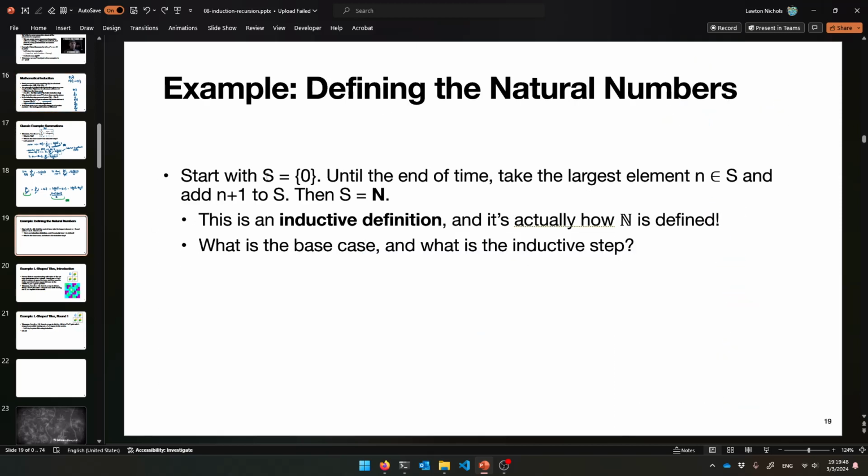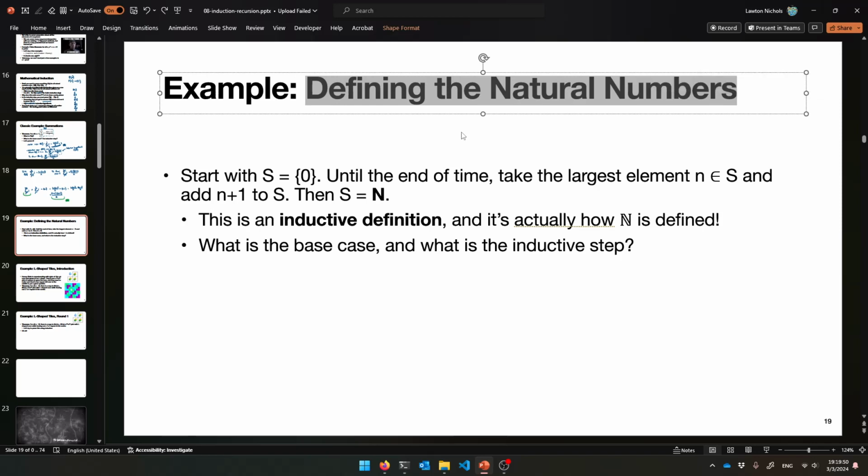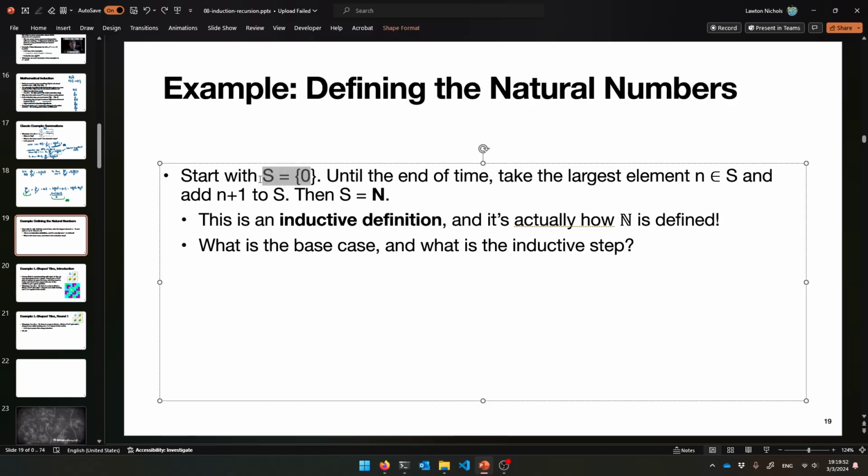All right. So let's define the set of natural numbers. The way that we'll do it is, it's like a variable that'll keep getting replaced. Let's start out with the first natural number. Let's start out our set of natural numbers with just the number 0. And then let's do the following. Let's pretend we can do the following.